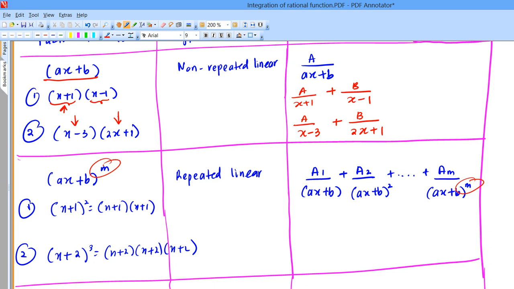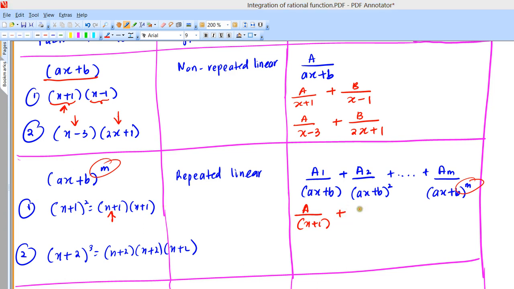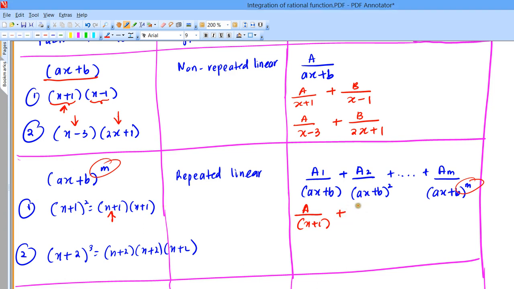For the first example, if we have x plus 1 squared, equal to x plus 1 times x plus 1, you write A over x plus 1 for the first bracket, plus we have two terms, plus B over x plus 1 squared.